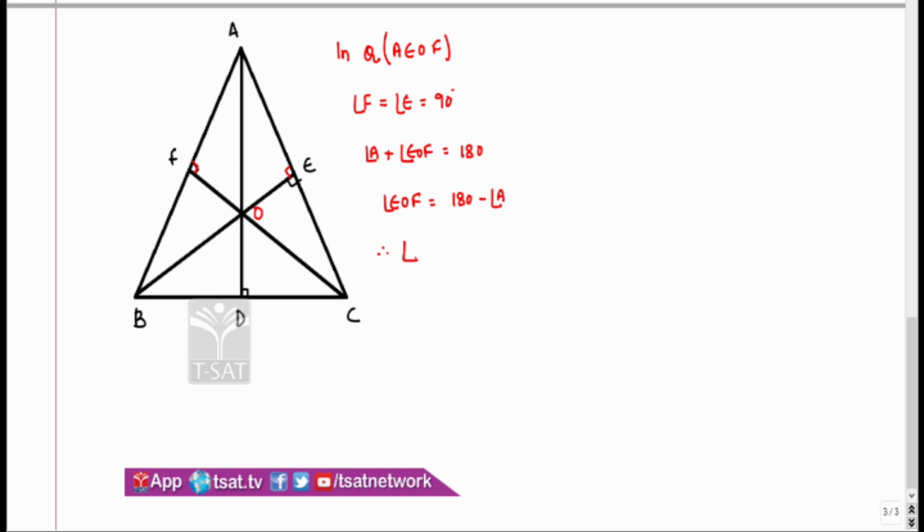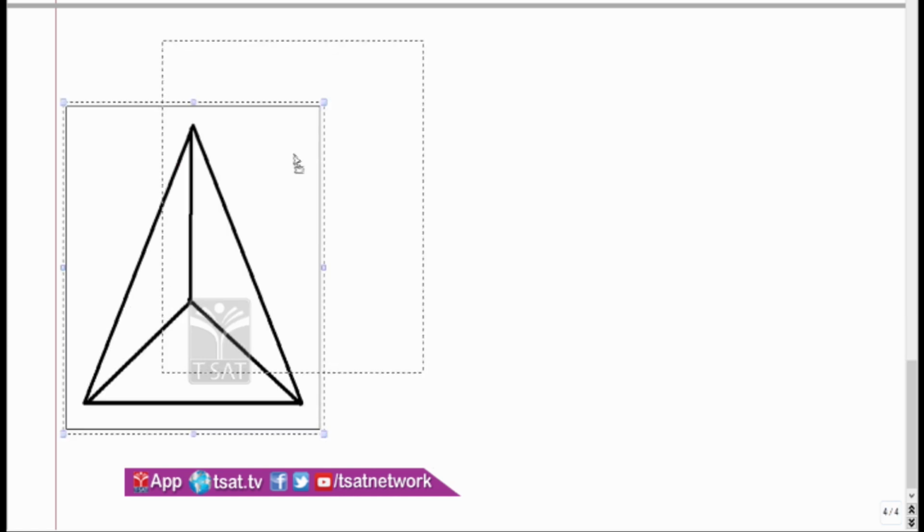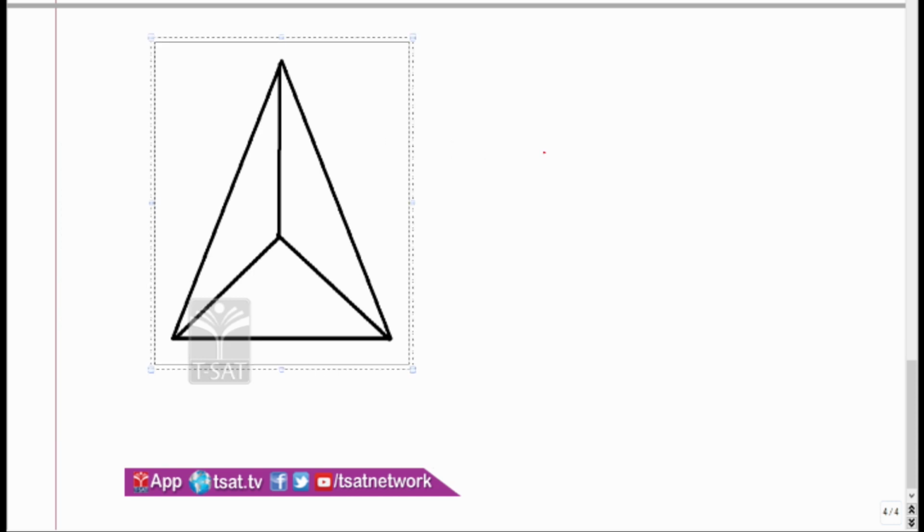Therefore, angle BOC is equal to angle EOF because they are vertically opposite angles. So, if this is angle A, this angle must be 180 minus A. Therefore, angle BOC is equal to angle EOF, 180 minus angle A. So, look at this triangle here, angle ABC.